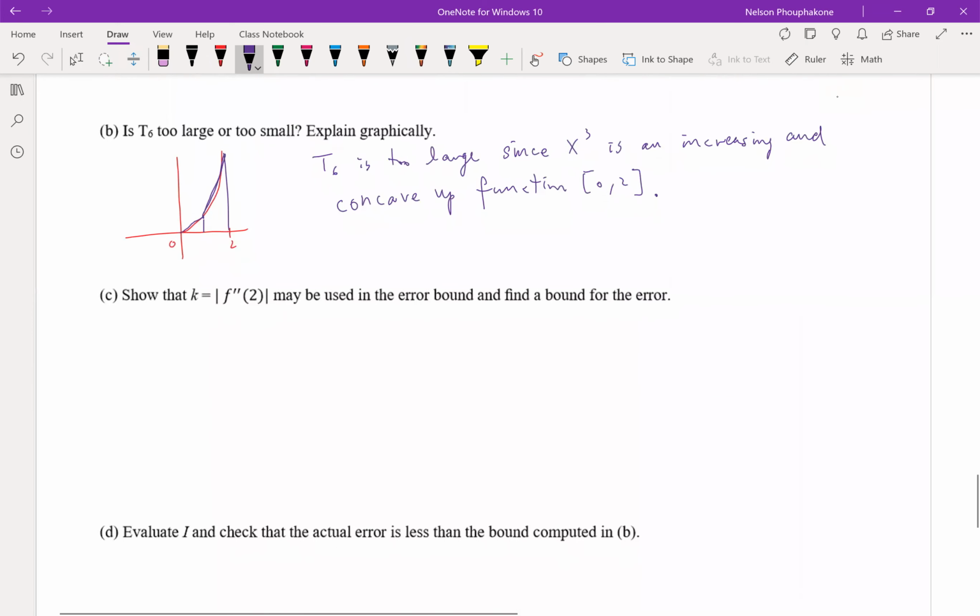Okay, then now let's see how we find the k values. We would like to show that k equal to f double prime of 2 may be used in the error bound and find the error bound. Now remember, to find k we need to find the second derivative, right?